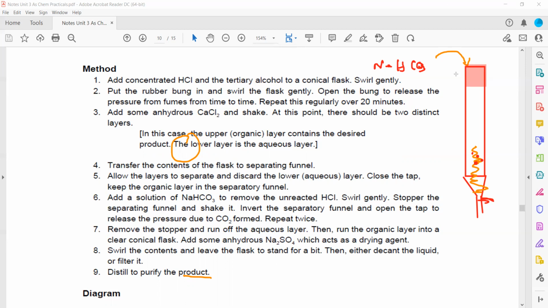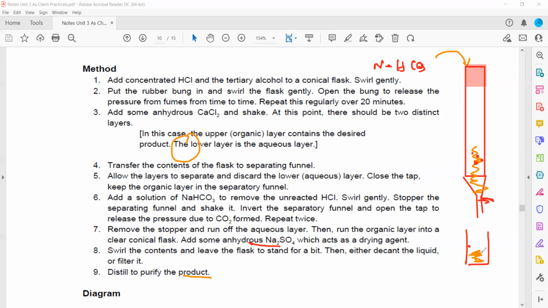Then add some sodium sulfate, which is a drying agent. Any trace of water, that drying agent will remove. Then swirl the contents and leave the flask. So once the bubbles stop and two layers are there, we discard the aqueous layer, and in a container we run down the organic layer.